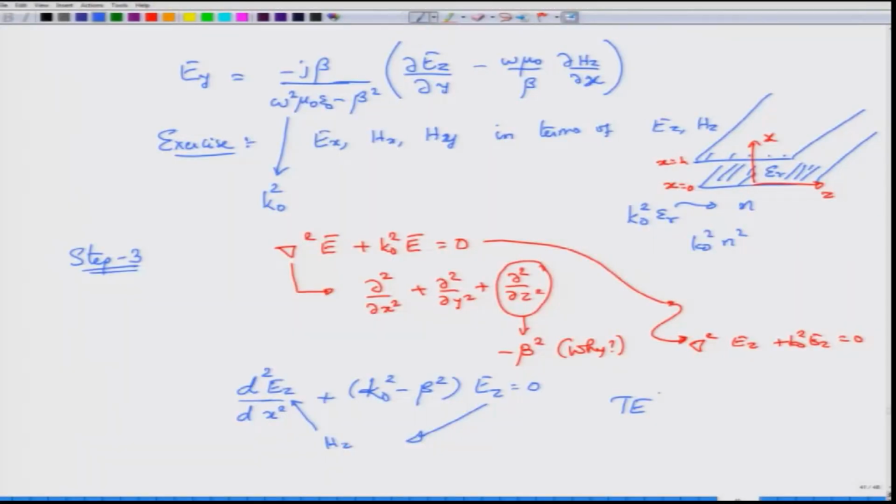They do not have any component along the z direction, whereas transverse magnetic waves will have a component of the magnetic field along the y direction and two in-plane components Ex and Ez in the x and z plane. Since we find it a little easier to talk about transverse electric modes, just for mathematical convenience, we are going to go with the transverse electric mode.